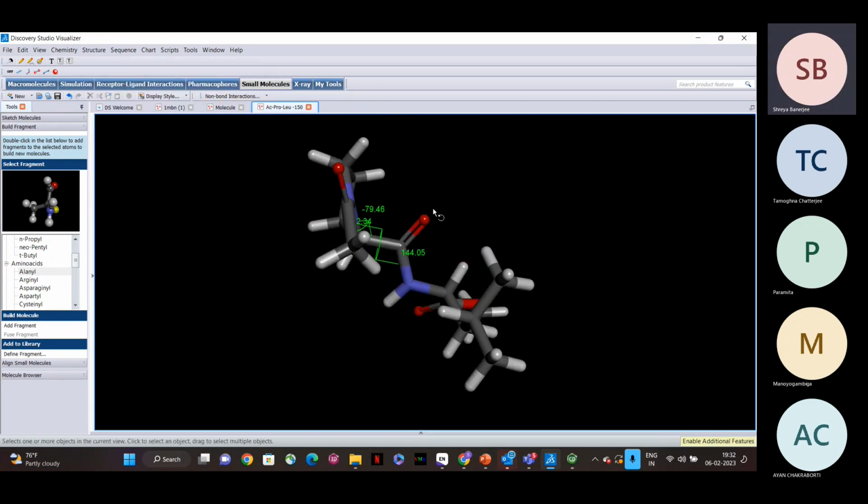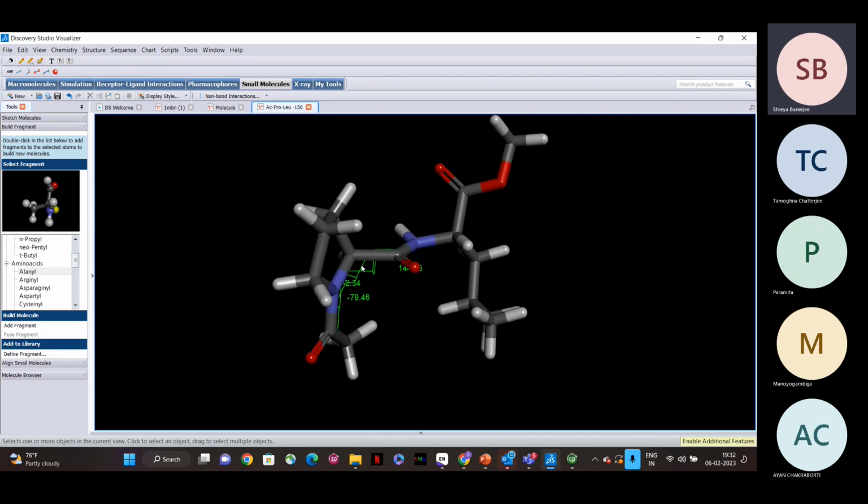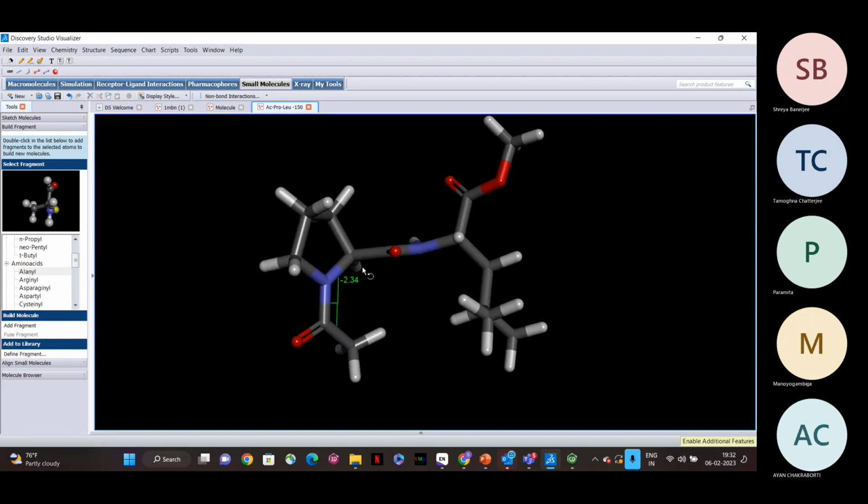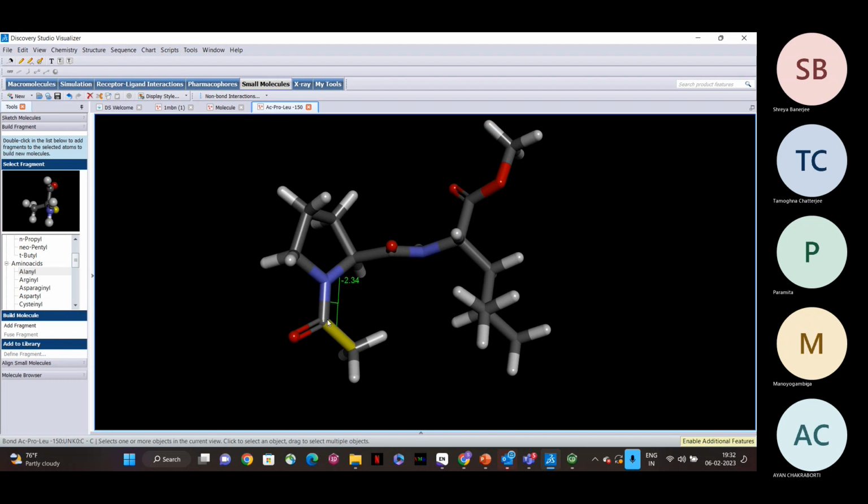This is the omega angle, and here it is near 0 degrees. So this bond is in the cis conformation.